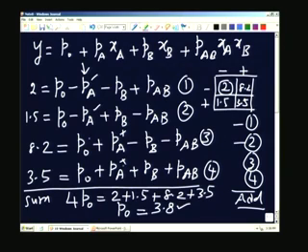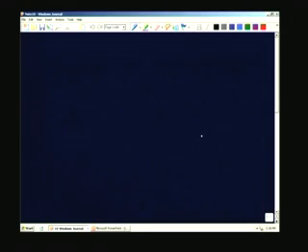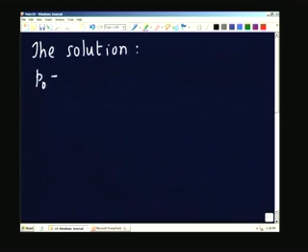So, let me just give the parameters in the next tablet. So, the solution using the properties of the matrix is given by P naught. Of course, I already have given 3.8.